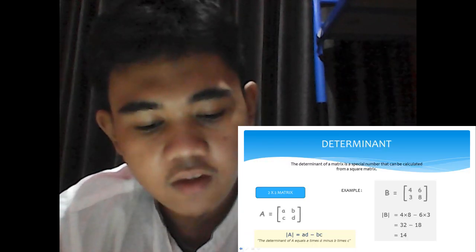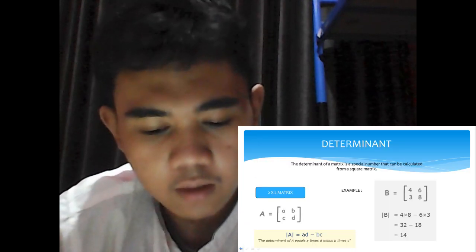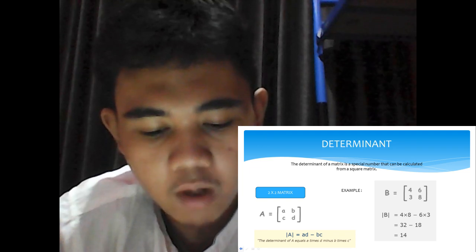The next is the determinant. The determinant of a matrix is a special number that can be calculated from a square matrix.